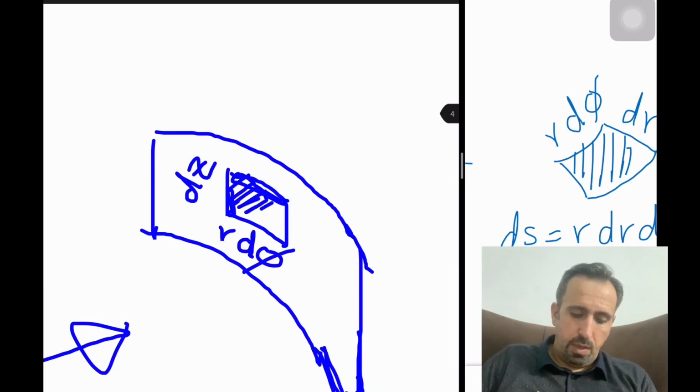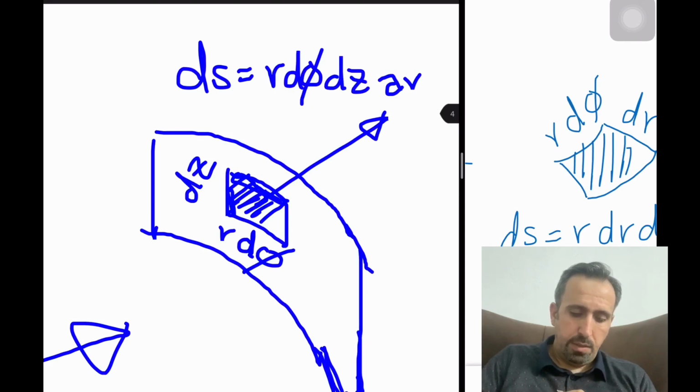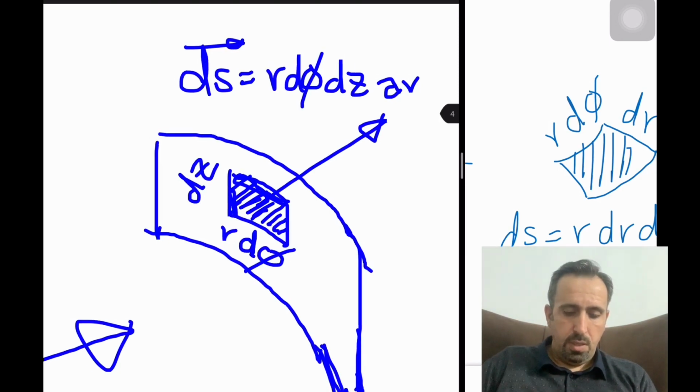And sure, you have to take care about its direction. Its direction will be a_r. So ds will be equal to r d phi dz a_r. It has been concluded like that.